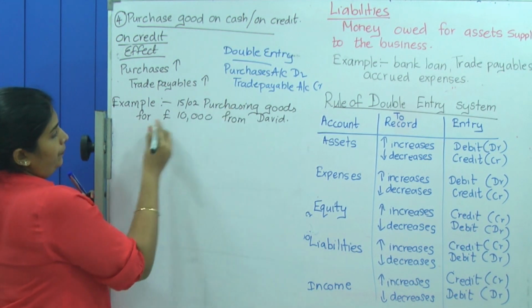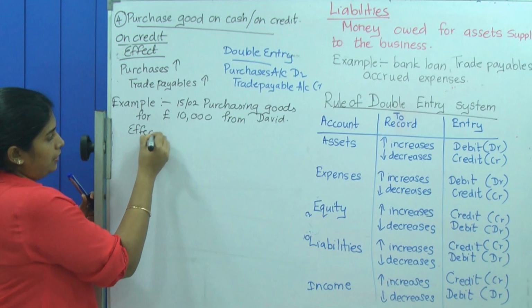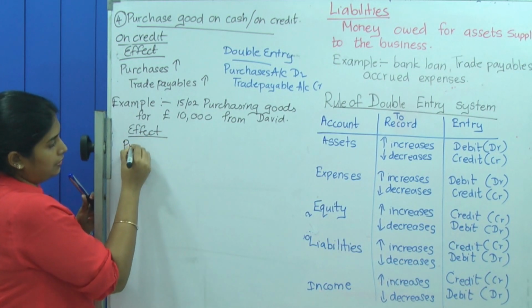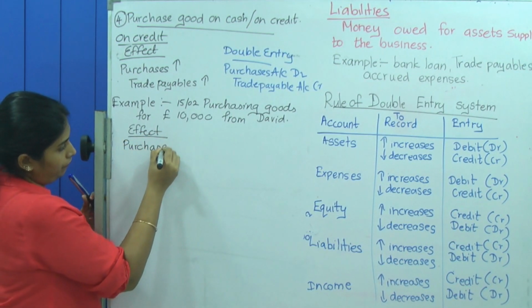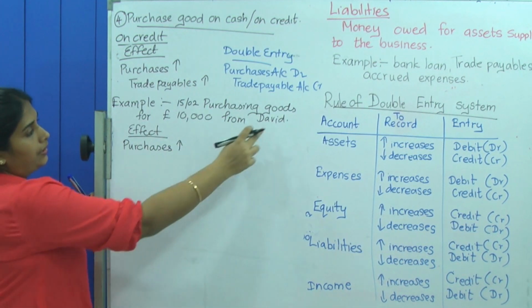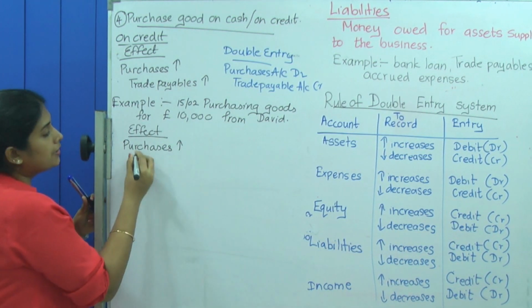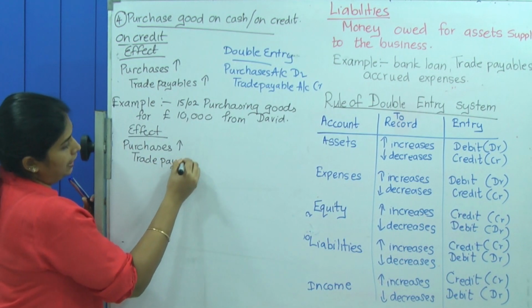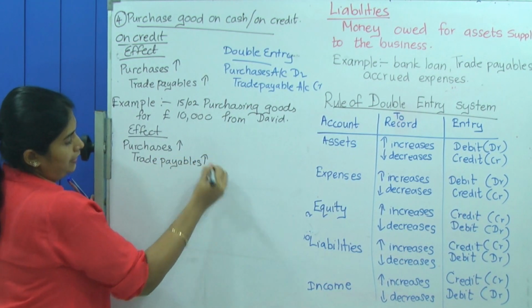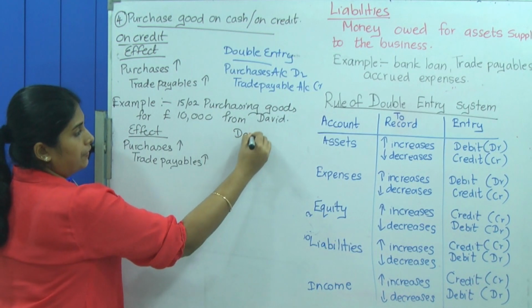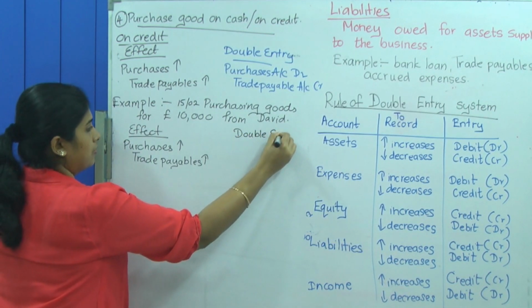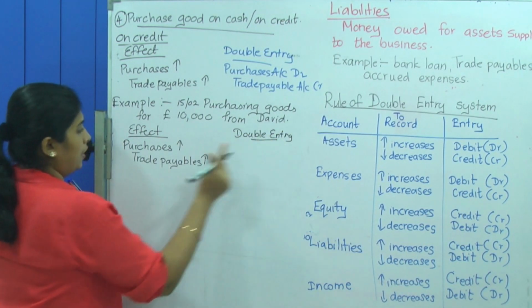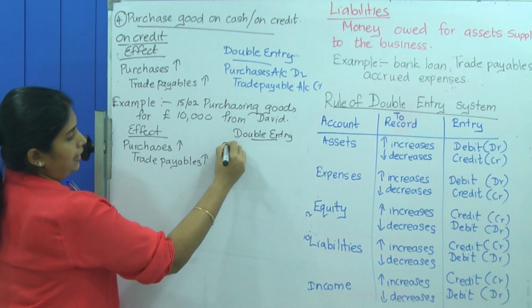So here the effect is when you purchase goods, the purchases are increasing and David is becoming a trade payable. So the liability of trade payable increases as well. So the double entry will be: purchases increase, it's an expense.